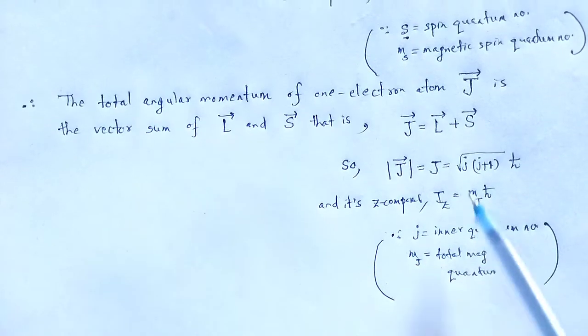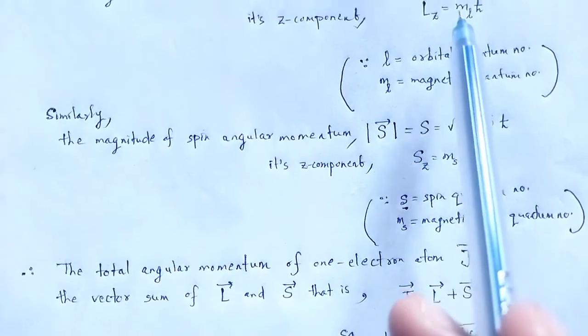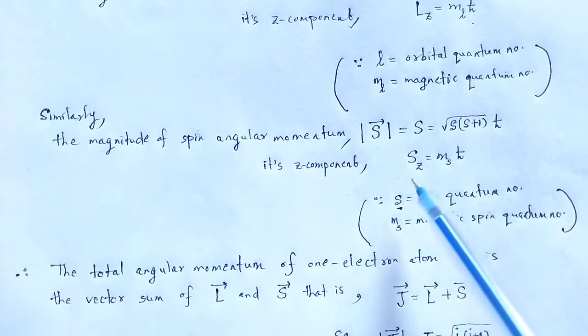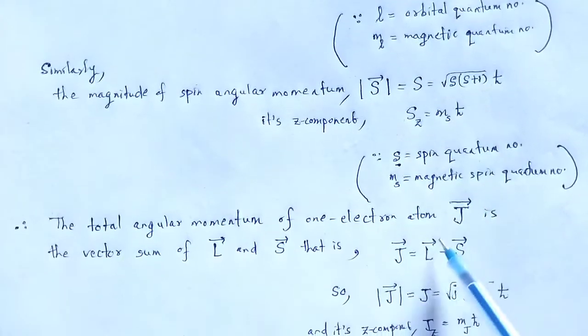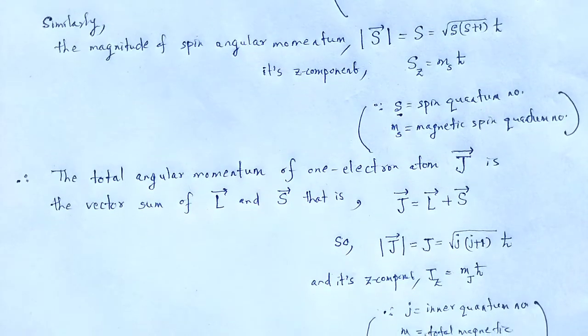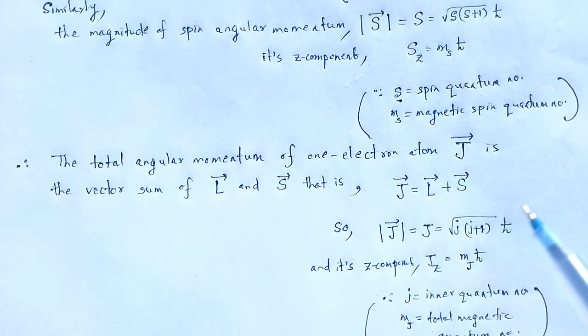Look here, the z component of L, that is ml h cross, the z component of S, ms h cross, and the z component of J vector, mj h cross, these three are scalar quantities.